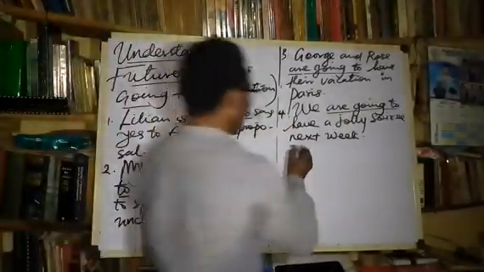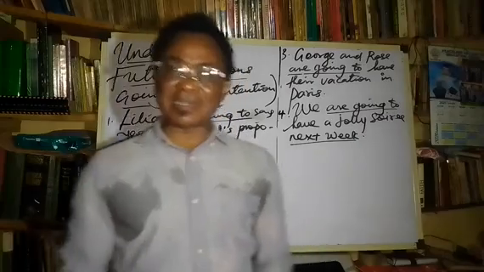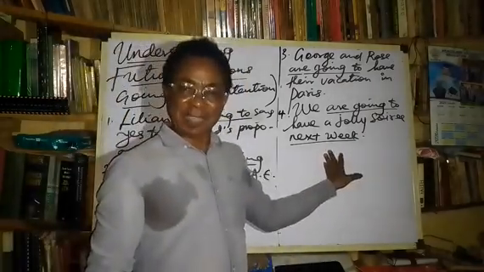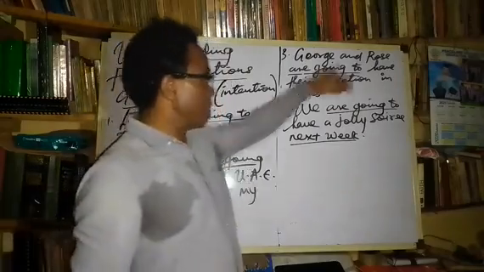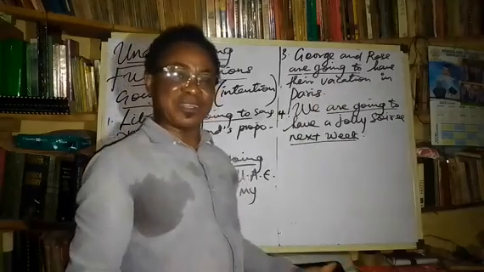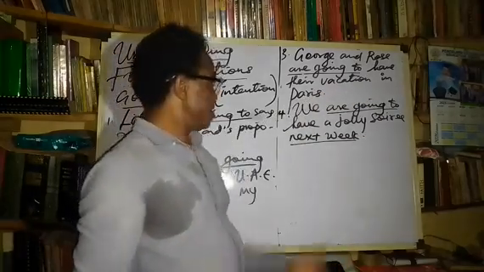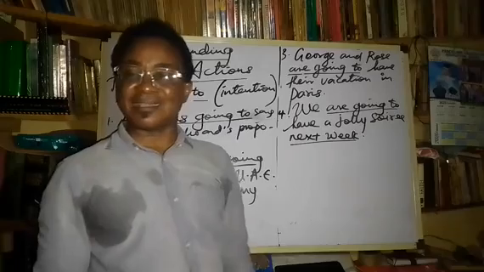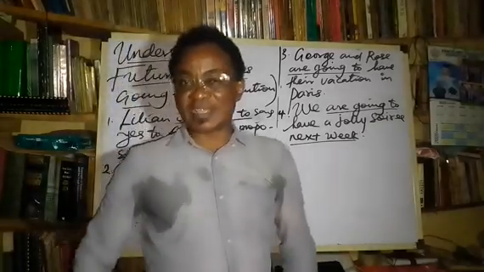Take a look at next week. It's an example of the adverbial that I talked about before. This is an adverbial phrase of time. In this sentence, modifying the verb are going to tell us what time in the future we intend to have a jolly soiree. A soiree is an evening party.